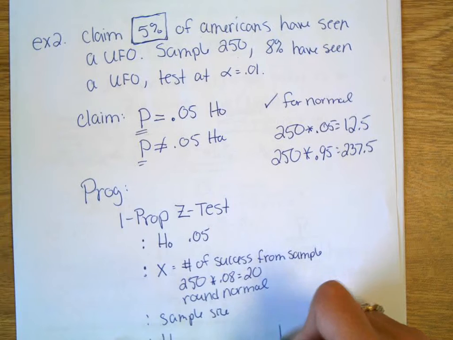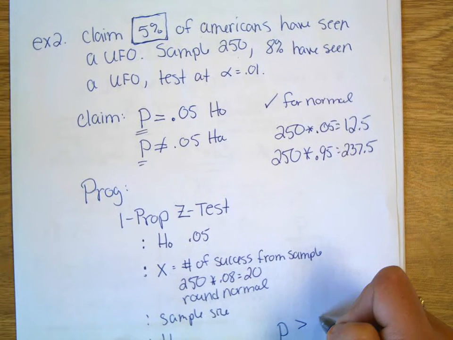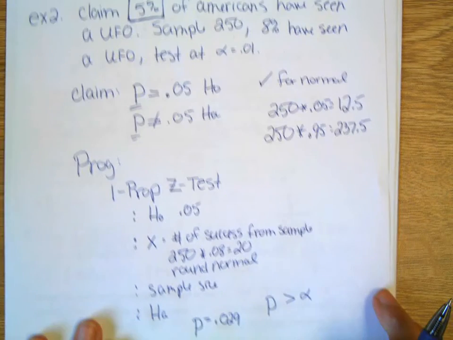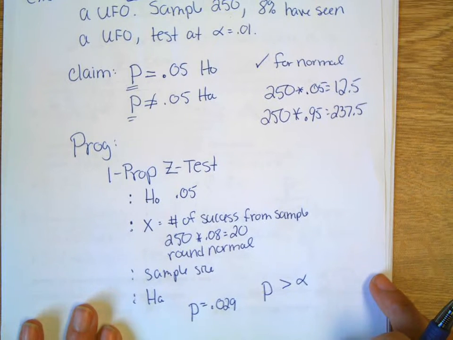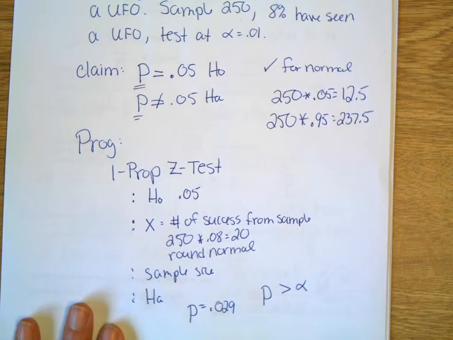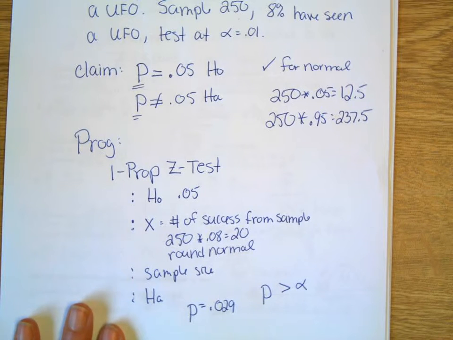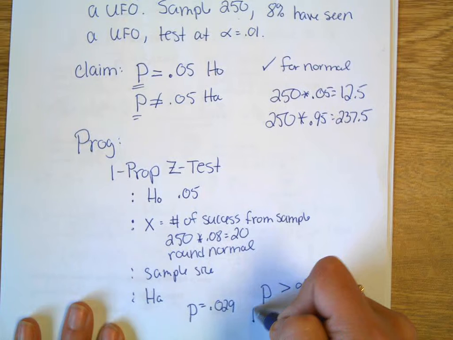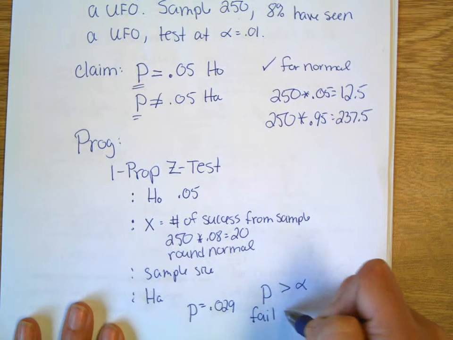P is bigger than alpha. I either have to reject the H0 or fail to reject the H0. Fail to reject the H0, and that's in your notes from yesterday. It's the same rule for every program. If p is greater than alpha, you fail to reject the H0.